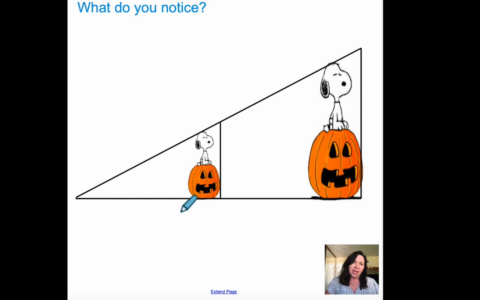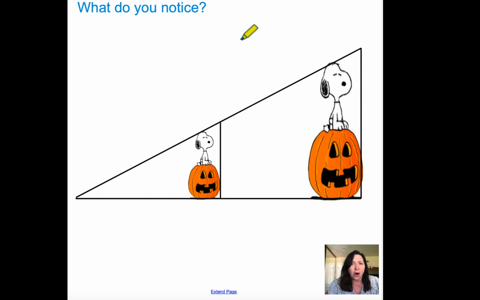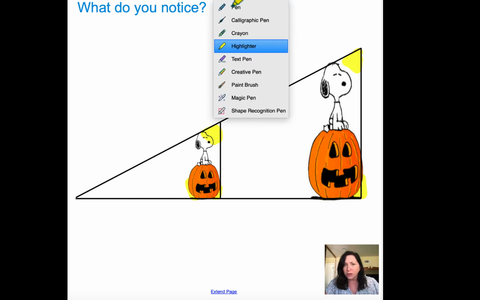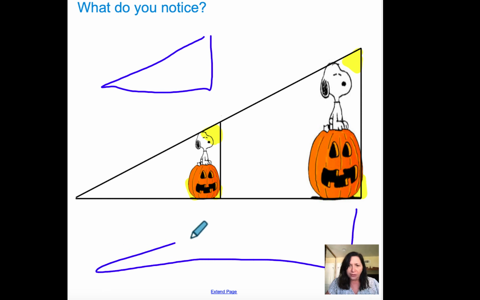So for this, again, what do you notice? What I would expect that you would notice is this. I'm looking for things that are similar, like this angle is equal to this angle. You would notice that this angle here, down here where the pumpkin face is, those are equal. If you were to split this triangle up, right, you would have this triangle here, and then you would have the larger triangle, of course, right?